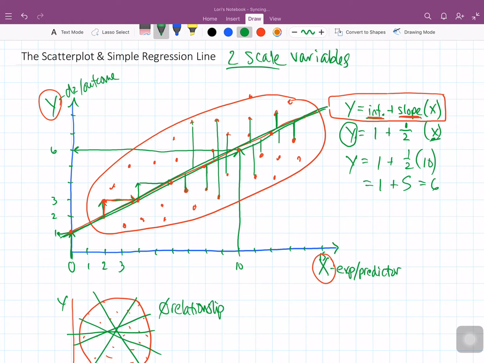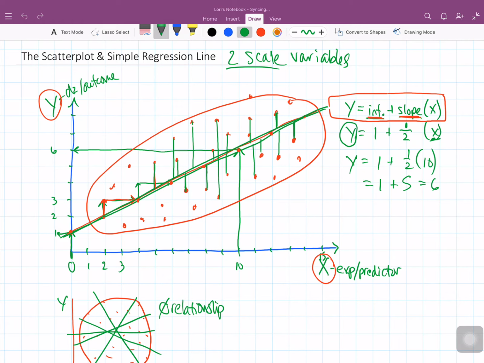Now, granted, any individual dot may not rest on the line, but collectively this line is as close as possible as it can be to all of the dots overall. And that's actually how this line of least squares is decided.